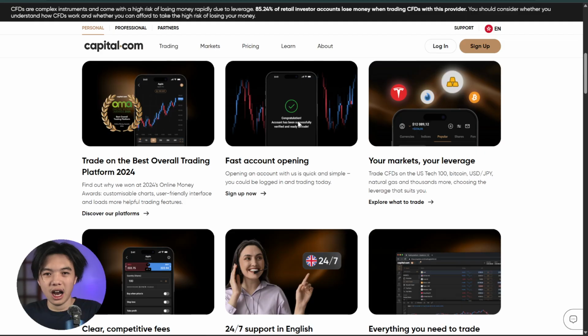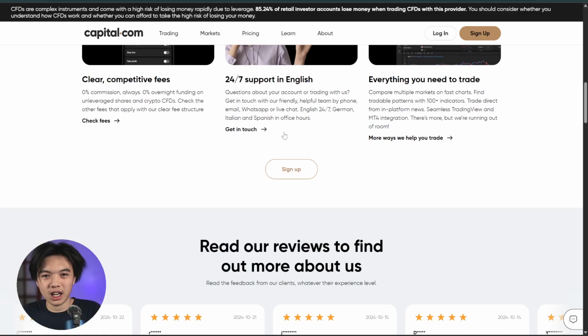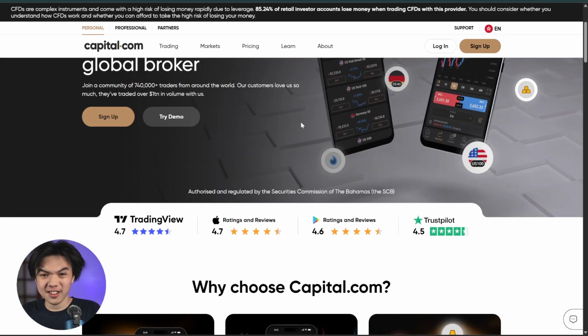Let's talk about the mobile experience for a second, because Capital.com is very much designed for the modern trader. On iOS and Android, the app is smooth, fast, and not overwhelming. You don't need to be a charting expert to use it, and that's part of its appeal.